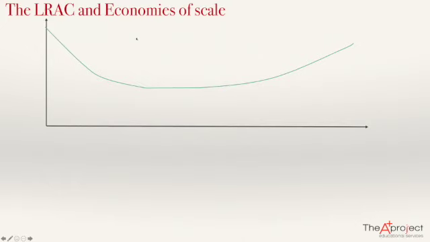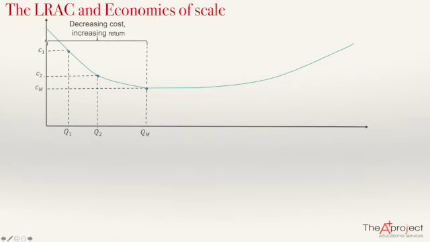The scale of operation is such that any time we increase our quantity, the cost will decrease. For example, moving from here to here makes the company experience a decrease in the cost, until one point in which the long run average cost gets a minimum. So the company will be working more efficiently if the level of output increases. So in this interval, there will be a decrease of cost and of course an increase of return.